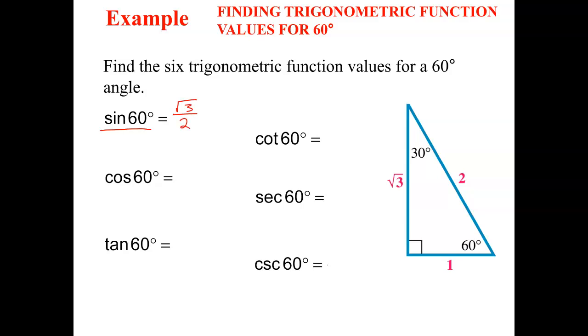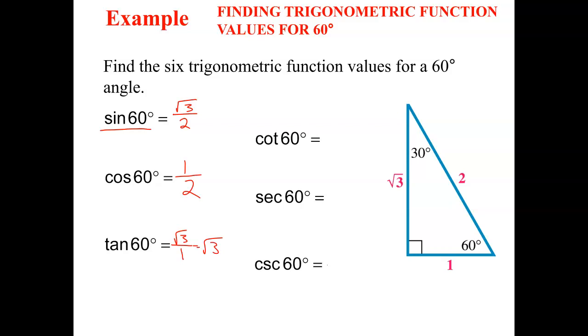We're going to rationalize, and we'll get there in a moment. Okay? Cosine of 60 degrees is 1/2. Tangent is root 3 over 1, which is just root 3.